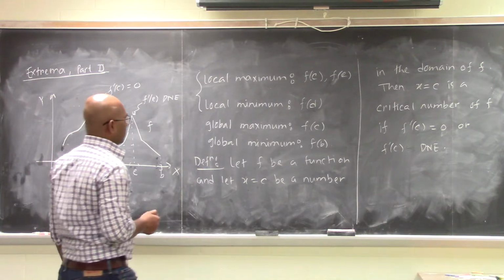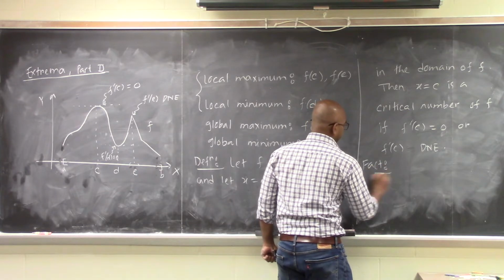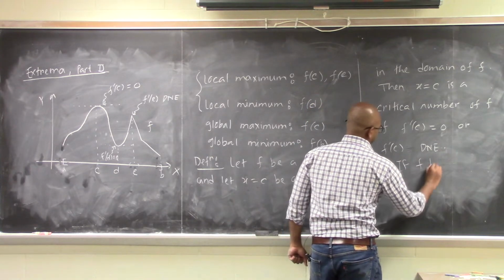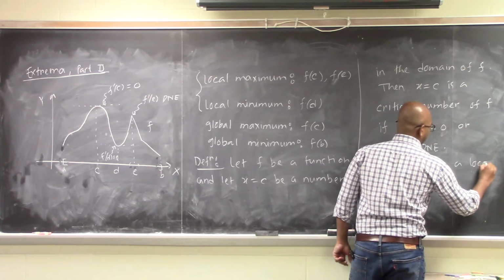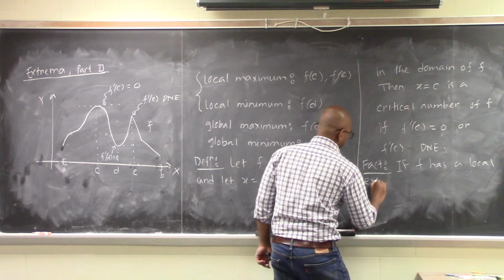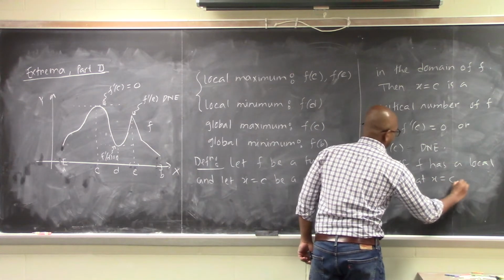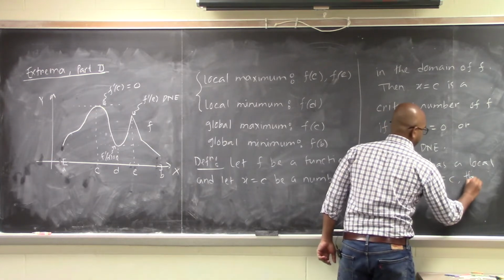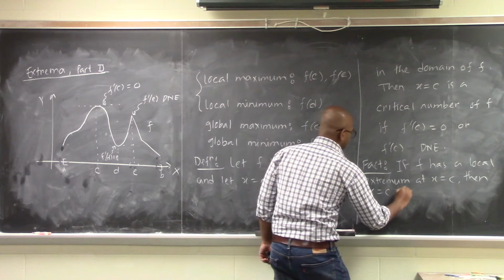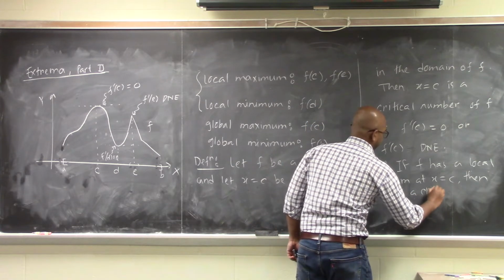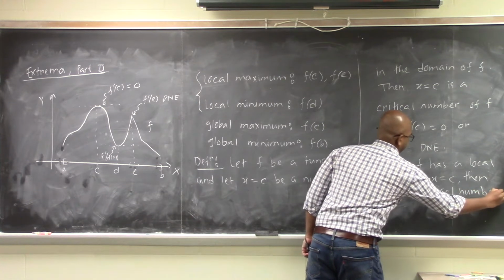Okay, but from last time we had this fact: if f has a local extremum at x equal to c, then x equal to c is a critical number of f.